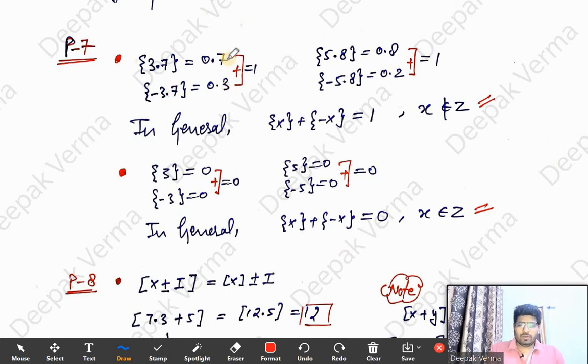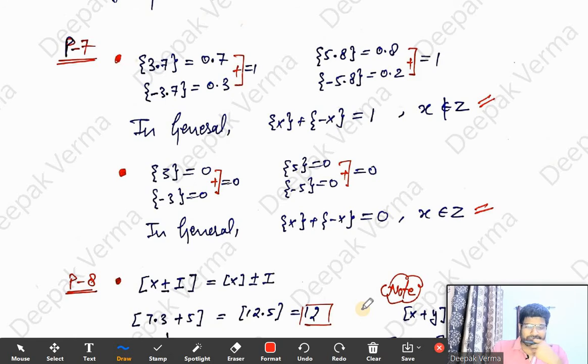Got it? Now if we add 0.7 plus 0.3, we get 1. Now if we take 5.8, the fractional part of 5.8 is 0.8. In the case of minus 5.8, do 1 minus 0.8, that is 0.2. If we add, we get 1 here.